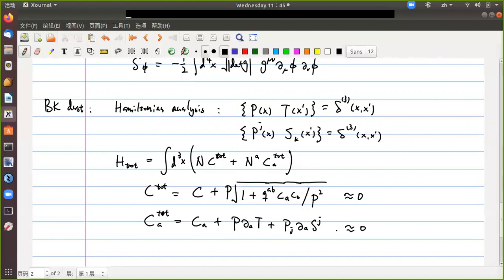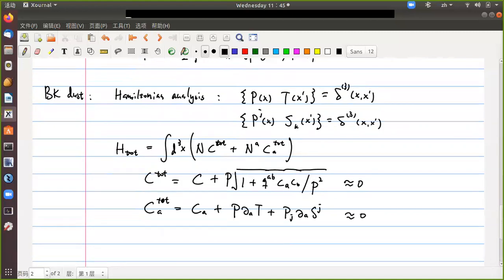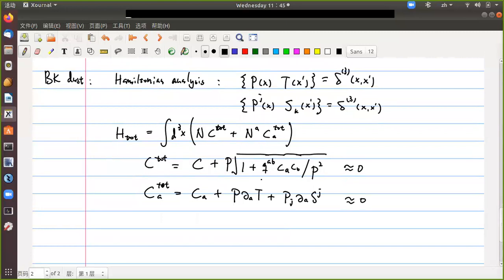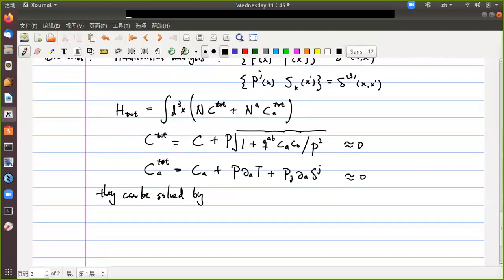And the matter part of the diffeomorphism constraint is also linear in P. So now you can actually solve them. You ask your constraints to be 0, and you can solve these two equations. They can be solved for P. You can solve this constraint for P.